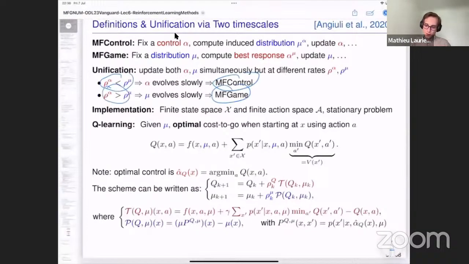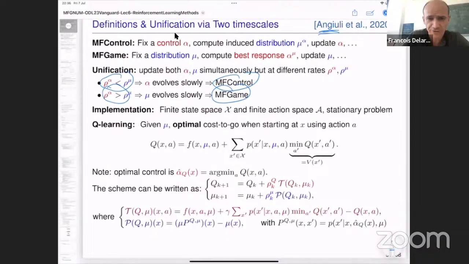Actually, Andrea spent a lot of time doing the experiments to get the plot. We really needed to tune the learning rates a lot in order to get the mean field game and mean field control. When we didn't have the right learning rates, the algorithm still apparently converges, but not to the mean field game or mean field control. So it seems that maybe the algorithm converges to something in between, but we haven't characterized it.